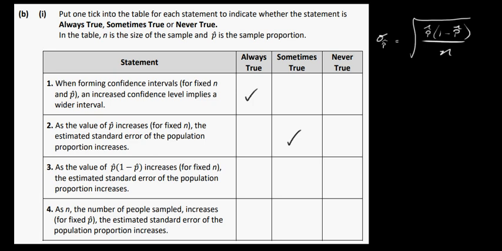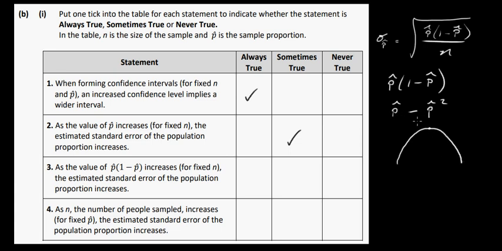This numerator, p hat times 1 minus p hat, is actually a quadratic expression. It's p hat minus p hat squared. It's a negative quadratic, which means it goes up and it goes down. So it has a maximum value.